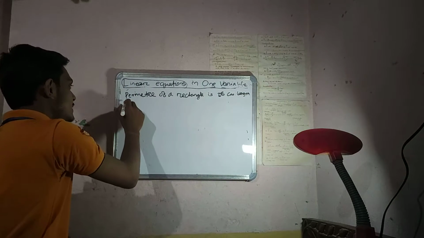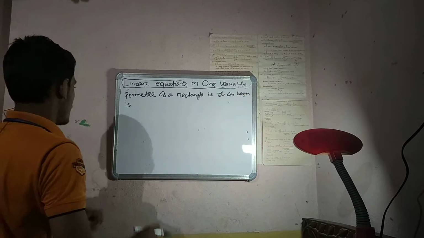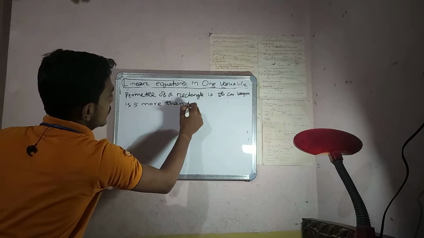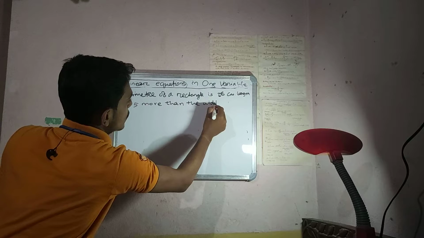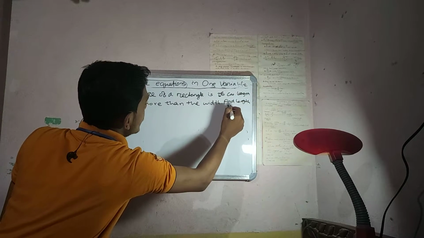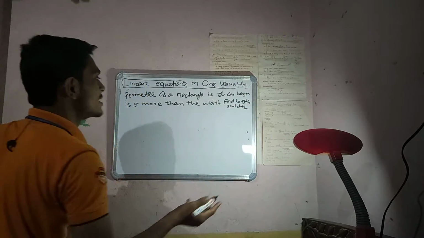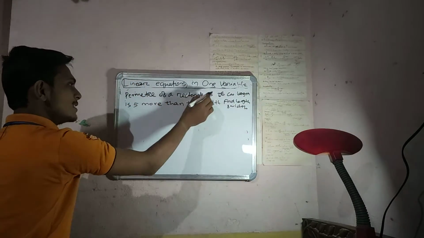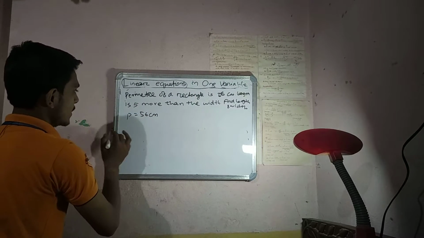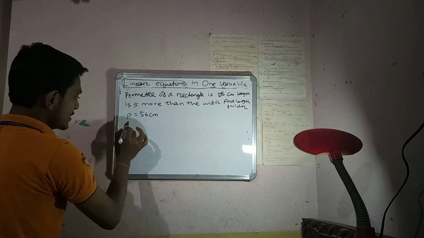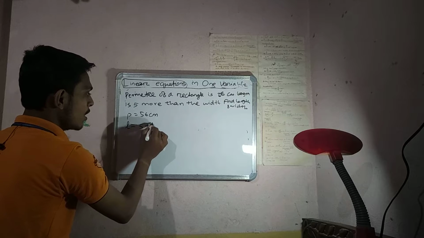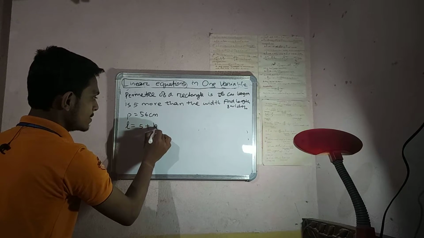Length is 5 more than the width. Okay, length and width. In a similar way, perimeter is given 56, so we have P is equal to 56 centimeter. Okay, length is denoted as L, that is L equal to 5 more than the width, that is B.